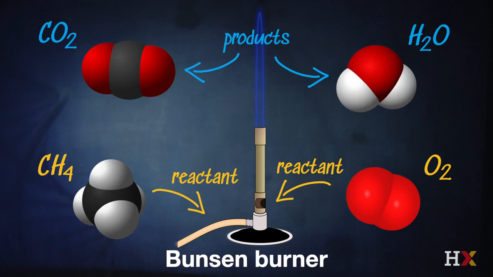And so when we envision this, we see these methane molecules coming in through the little tube that's supplying natural gas to the burner. And that burner is sucking oxygen in from the atmosphere around it. And out of that flame comes water and CO2. This, by the way, is exactly what happens when you eat breakfast.